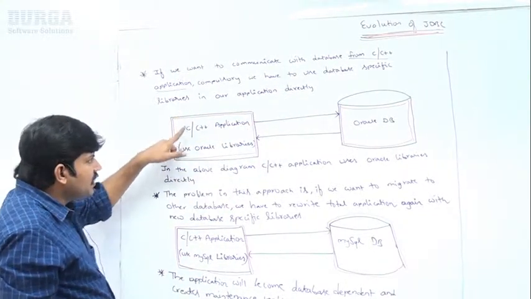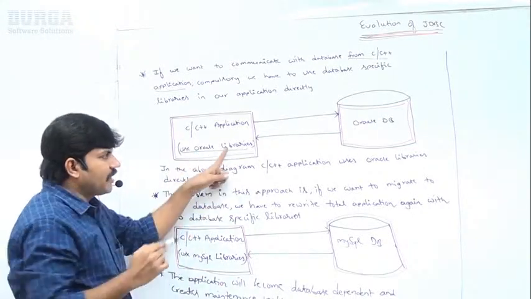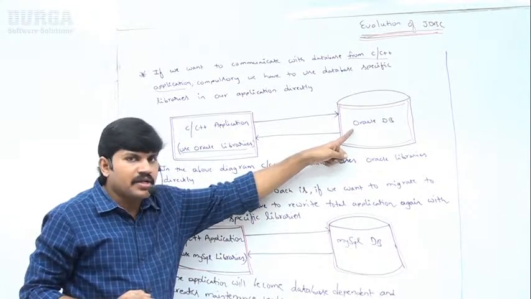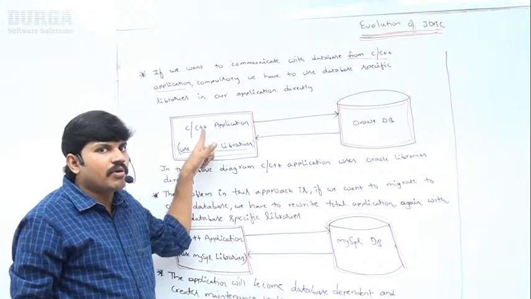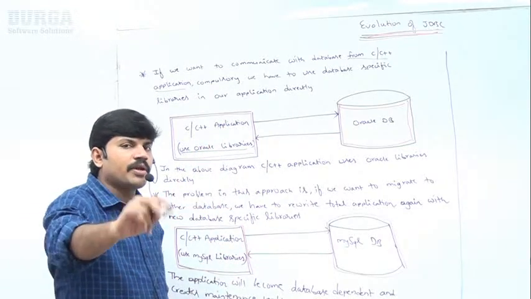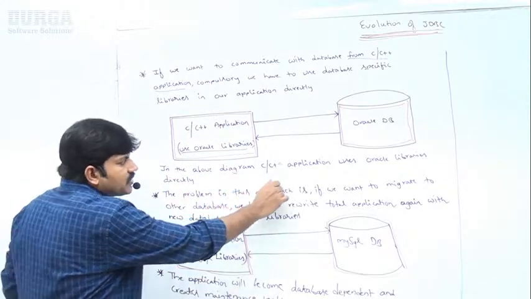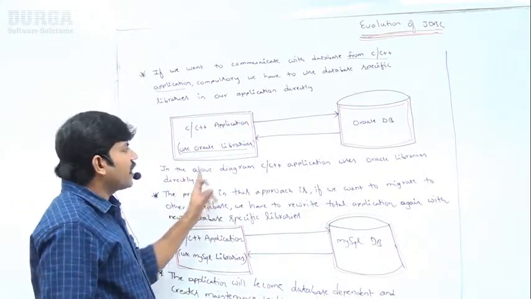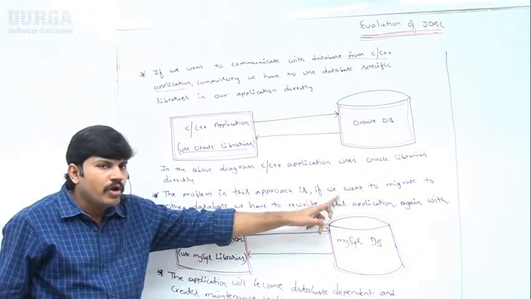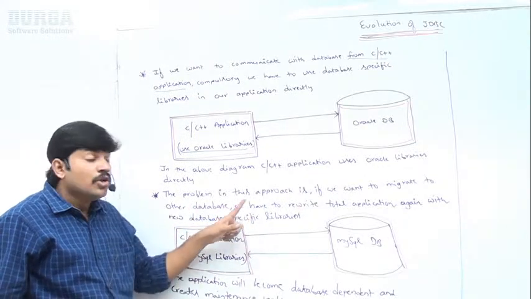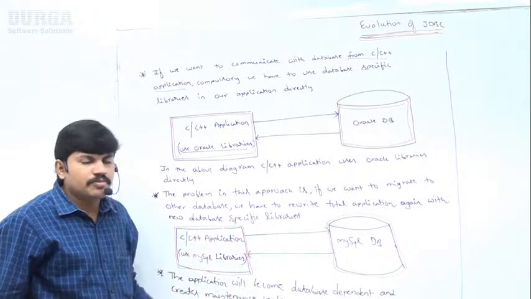A C or C++ application uses Oracle-specific libraries to communicate with the Oracle database. In the diagram, the application uses Oracle libraries directly. The problem with this approach is that if we want to migrate to another database, we have to rewrite the total application again with the new database-specific libraries.